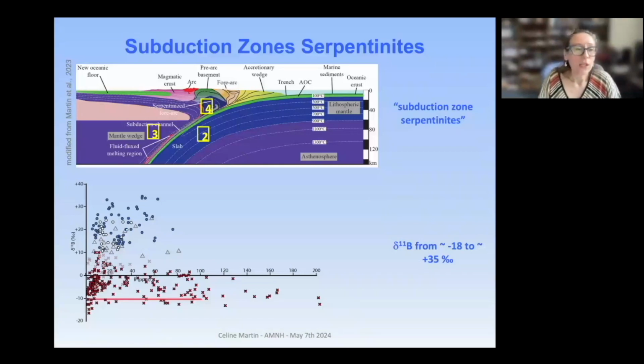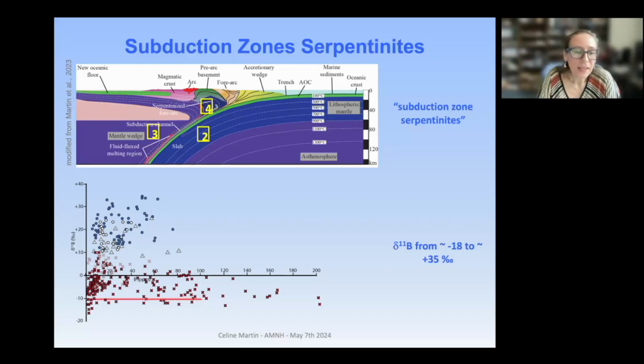So very often when you read papers related to serpentine in subduction zones, it's actually called subduction of serpentinites. And as we see on the graphic on the top, it can be more or less everything. It can be slab serpentinite, mantle wedge serpentinite, forearc, or even ophiolite.